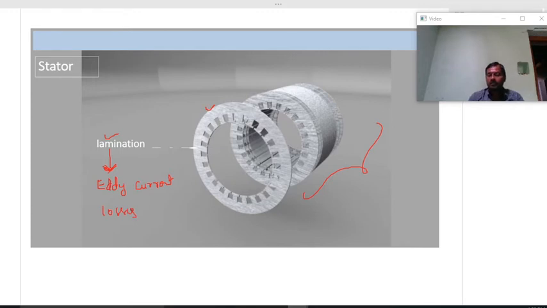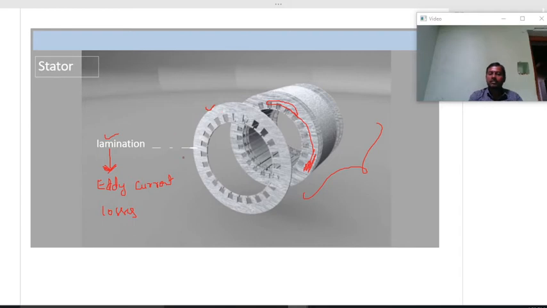Eddy current losses take place in the stator, and to minimize those losses, laminations are provided. Between one lamination and the next, insulation is provided in the form of varnish or paper. So most of the machines are made with laminations separated by some insulation material, which is nothing but a varnish.